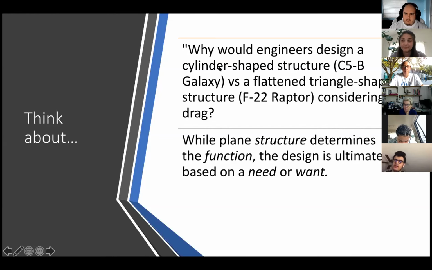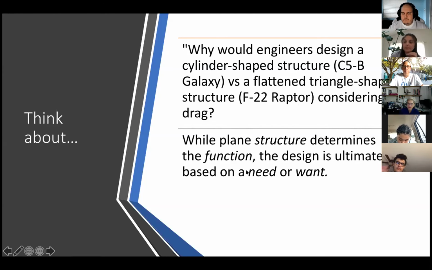And remember, the purpose of the Galaxy, I think you mentioned, was to move things or people. So you've got to have a cylinder shape to get everything or all the people inside. The Raptor, I don't know, but I would doubt it had more than 4 people inside and not a lot of cargo.